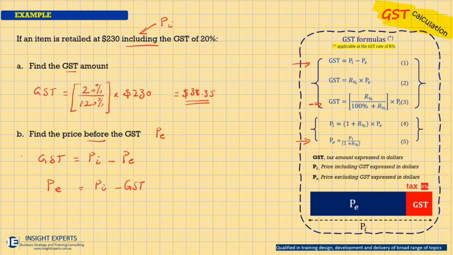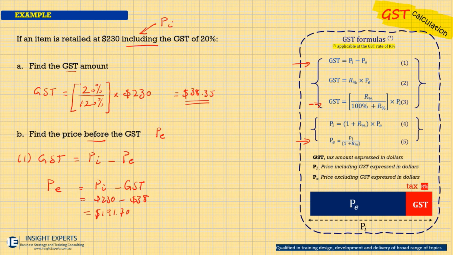That is again equation number 1, and that is roughly $191.70 to the nearest 10 cents.